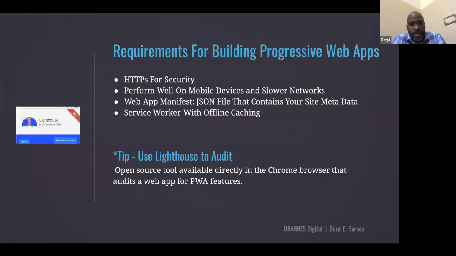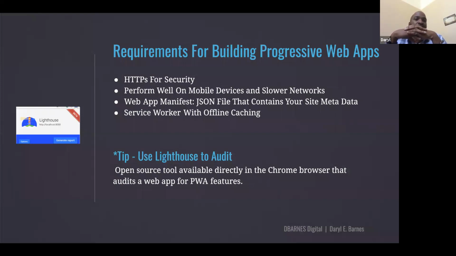Another requirement is a web app manifest, which is just a JSON file that contains all your site metadata. And then, of course, one of the more difficult parts is service workers. Most of building a progressive web app is not really too difficult.